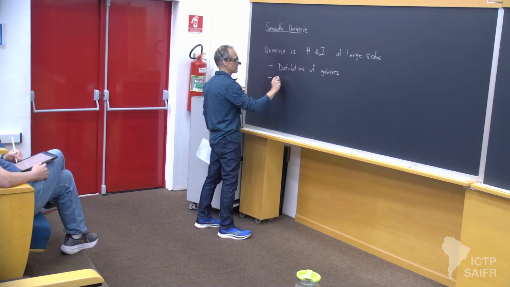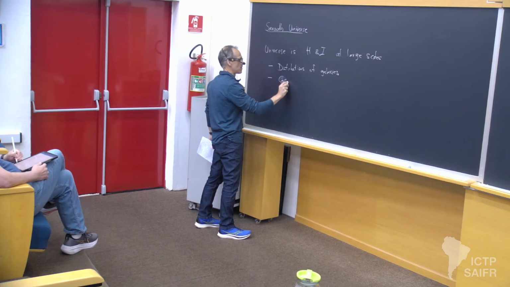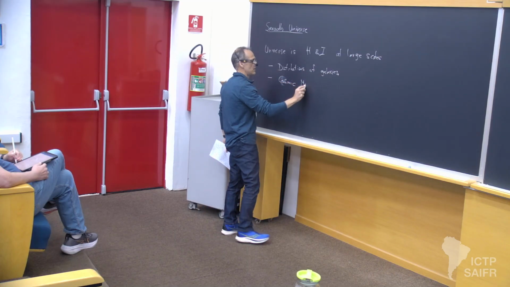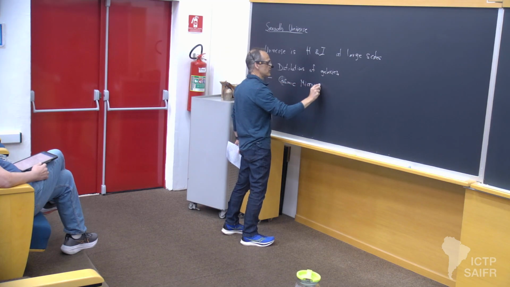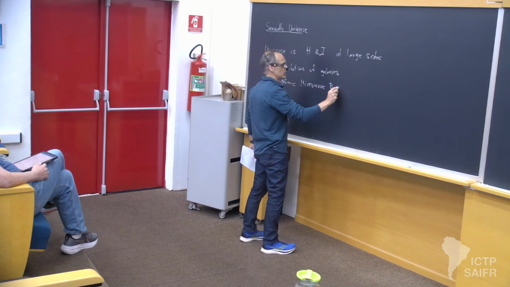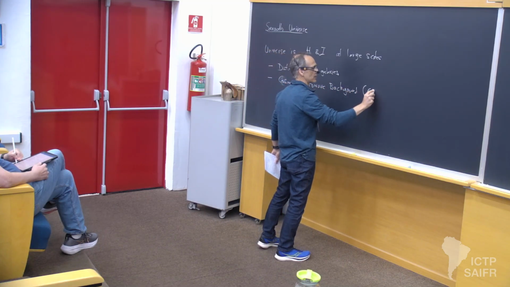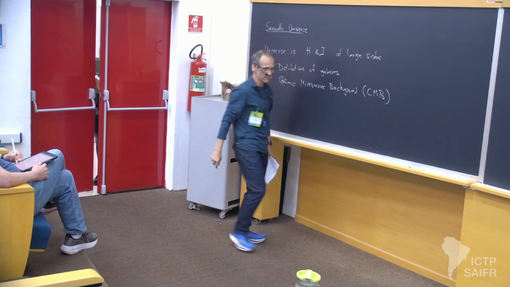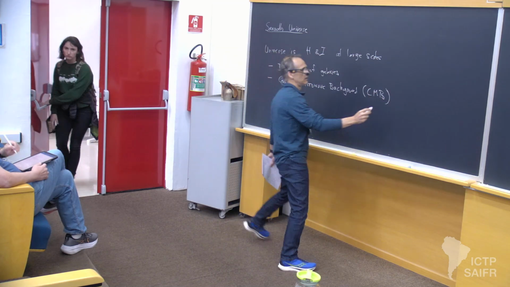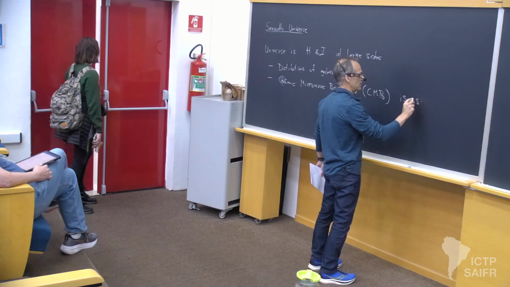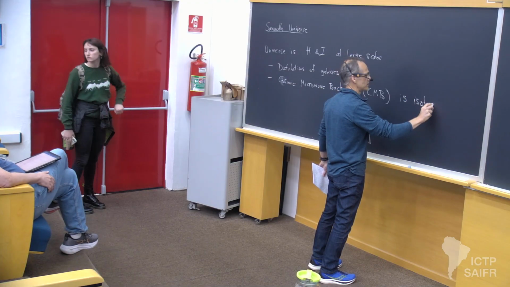And the microwave background is also homogeneous and isotropic. So we are going to abbreviate microwave background as CMB. So what is the microwave background?